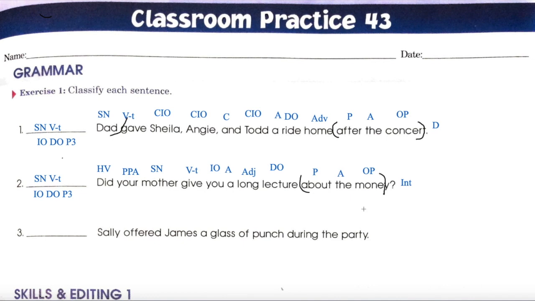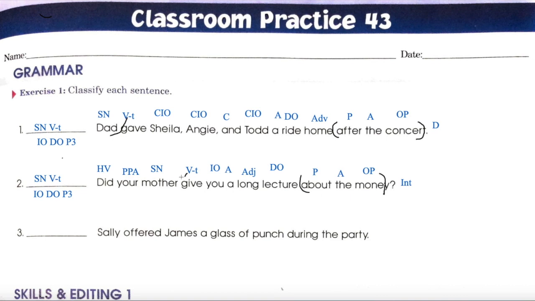All right, it looks like we need to divide the subject from the predicate. And with this one, we actually have to underline, which we haven't done in a while, because it starts with a helping verb, and that helping verb, of course, will be part of the predicate.